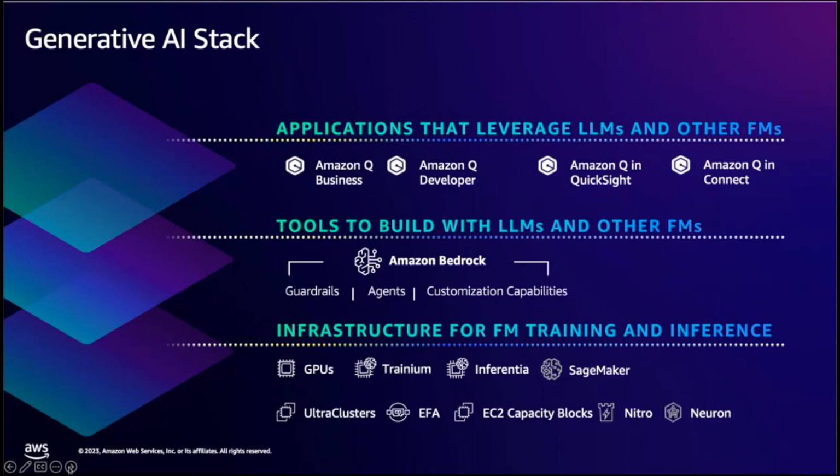We also have SageMaker. On the middle layer, of course, you may find services like Amazon Bedrock and capabilities such as guardrails, agents, customization capabilities, including fine tuning. And the top layer includes services like Amazon Q Business, Developer, Amazon Q in QuickSight, Amazon Q in Connect, and things like that.